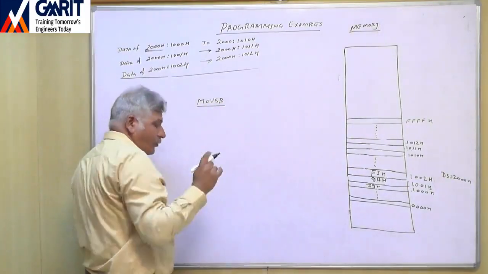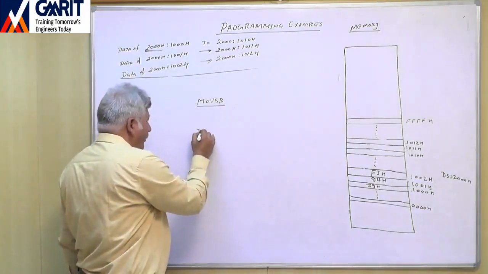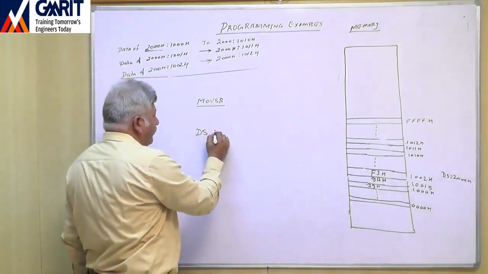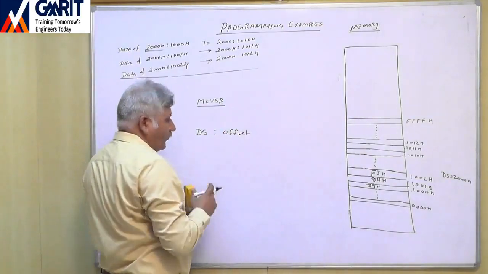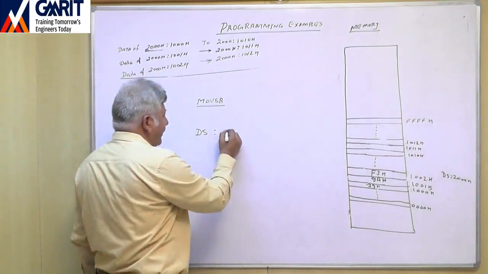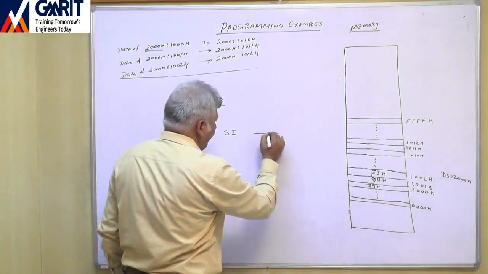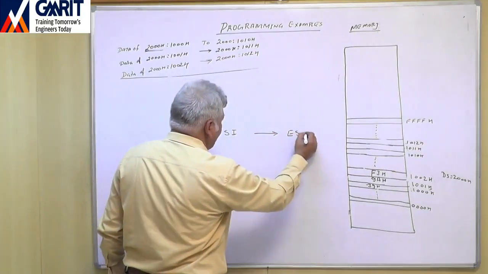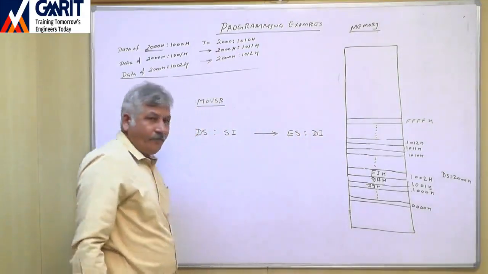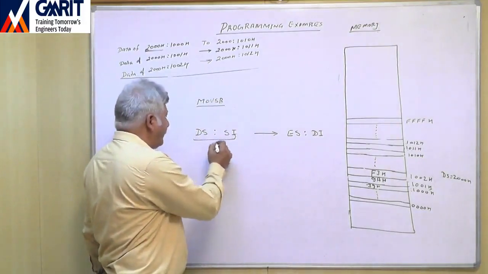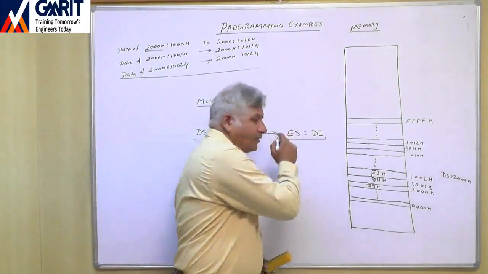This instruction will move 1 byte of data from the data segment offset, given by SI, to the extra segment offset given by DI, right? So from this memory location, 1 byte will be transferred to that memory location.